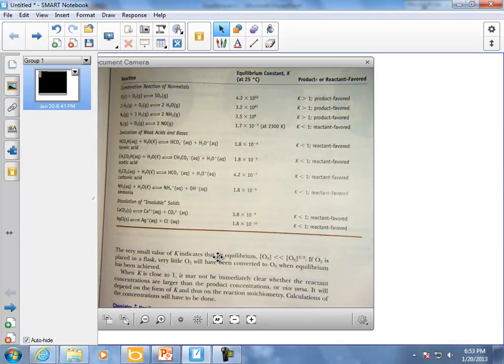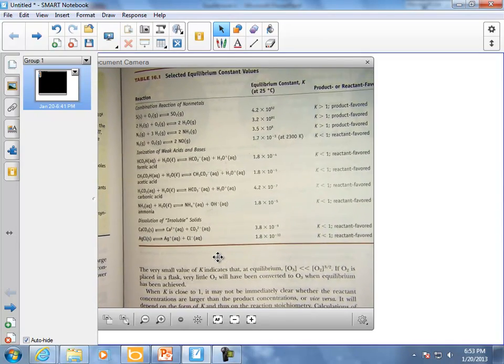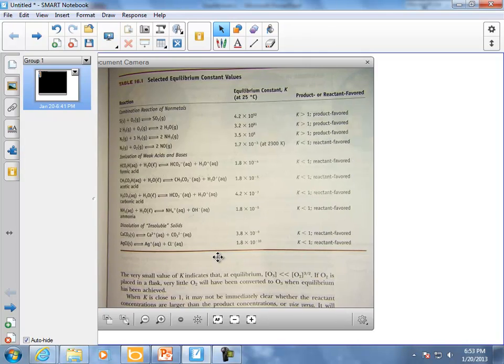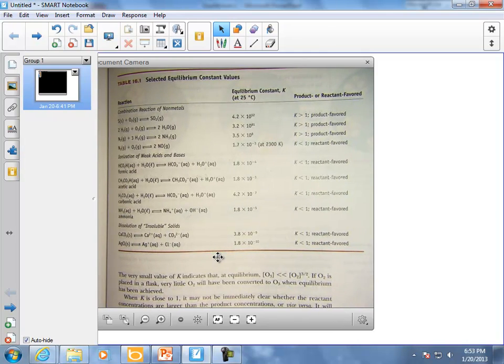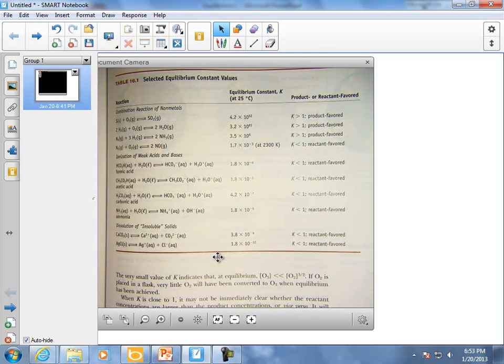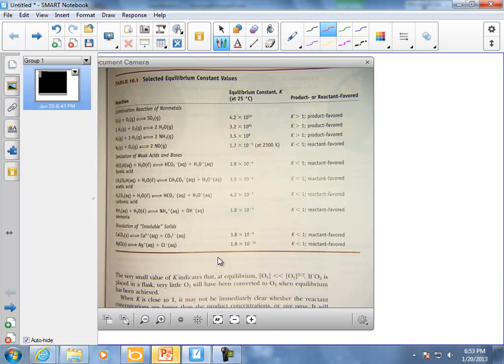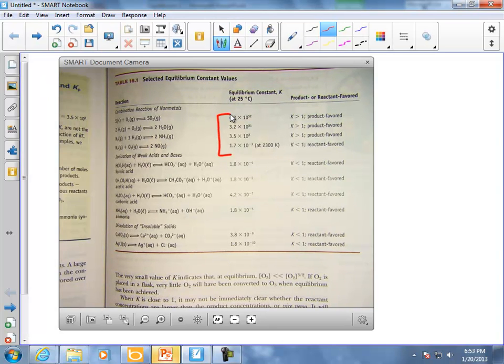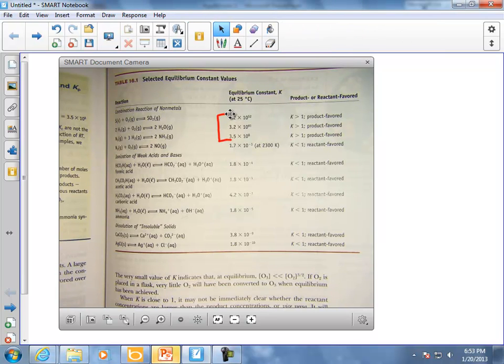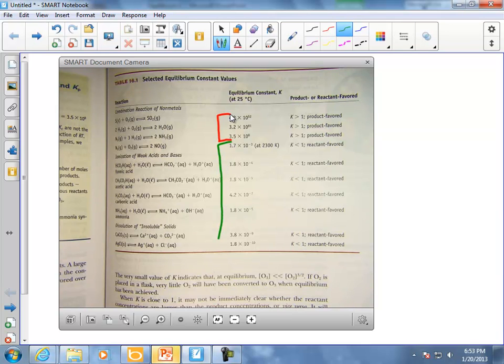So here's the chart on page 731. And this lists a few possible equilibrium constant values. If you look at these, you'll see the ones on the top are relatively big. We've got 4.2 times 10 to the 52nd. And if we look down at the smaller numbers, starting with 1.7 times 10 to the minus 3, we'll see that those numbers are significantly smaller, and they're listed as reactant favored.